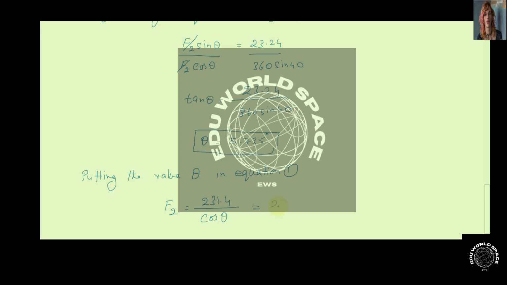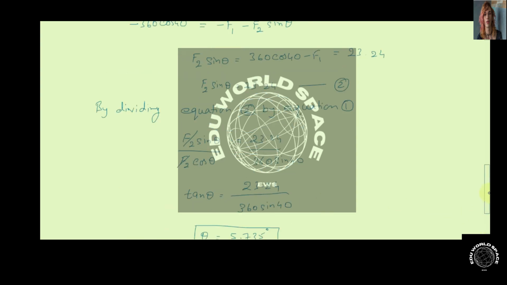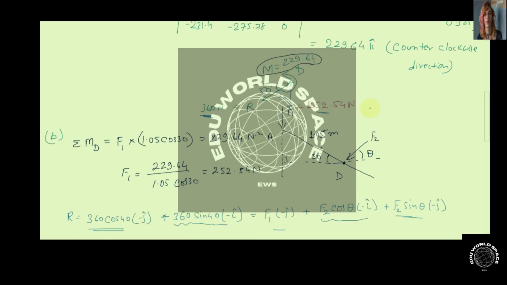It comes out to be 232.56 Newton. Hence we can say that we would have to apply two forces. The vertical force will be of magnitude 252.54 Newton, and the other force that is applied at point D will be of magnitude 232.56 Newton, and its angle will be 5.735 degree from horizontal.